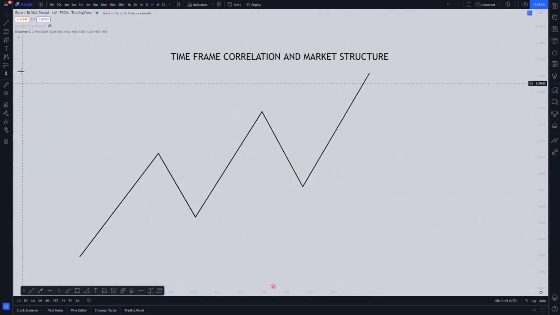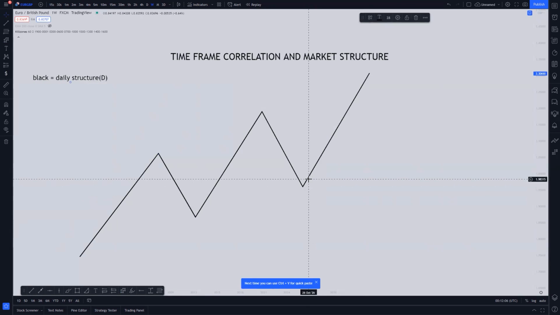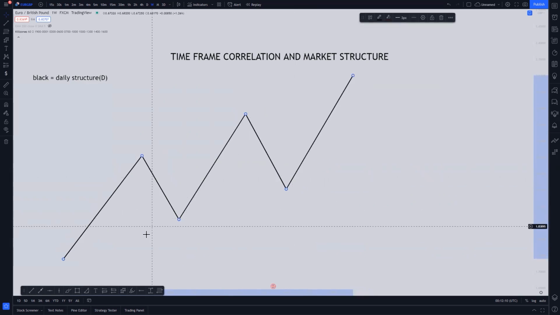We can simply say that the daily is bullish. So the black line represents daily structure. When I mean daily structure, I mean D. So with respect to what we have on the daily, we'll say structure is bullish.